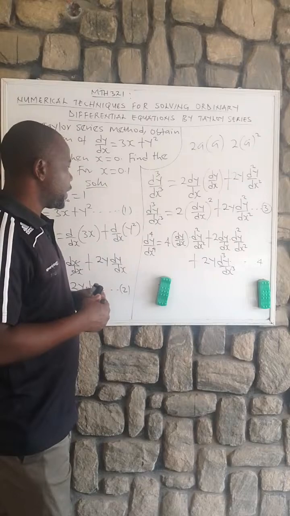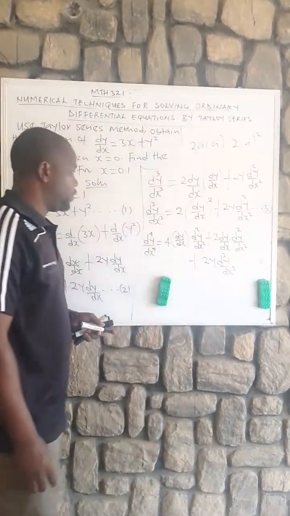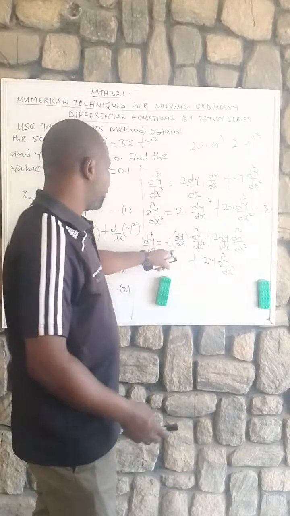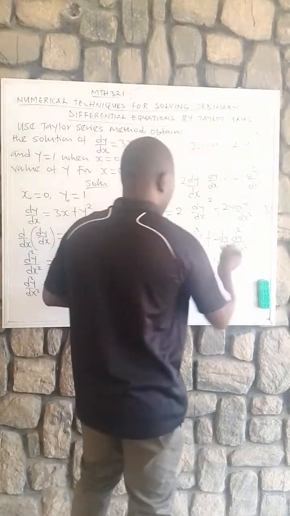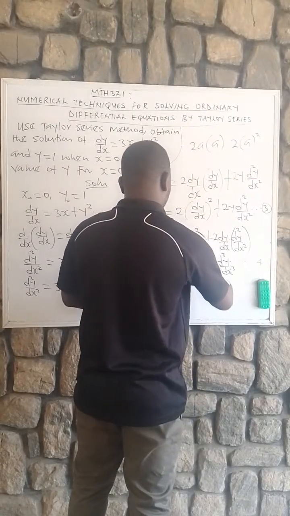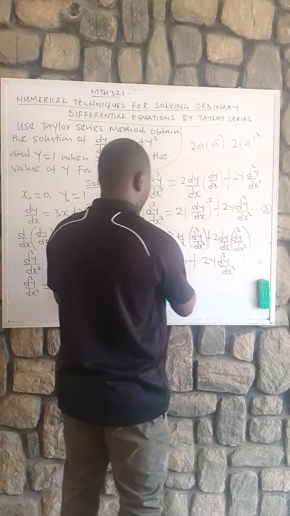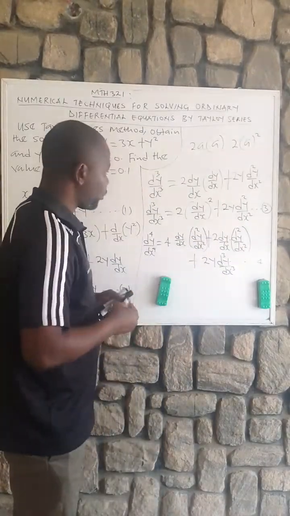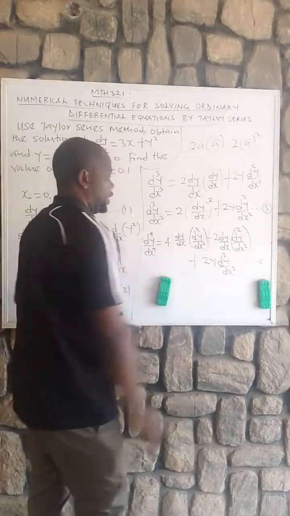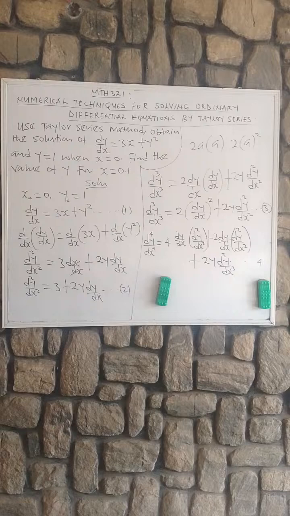If you can see what I am saying, they are the same thing. True or false? We have 4 open brackets. Let's just put the bracket for this and leave this one. This and this are the same thing, so we can add them up, isn't it?